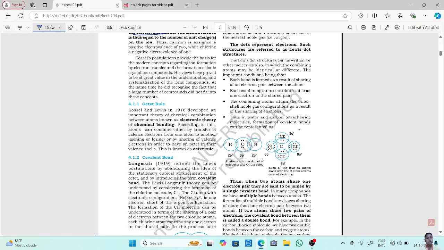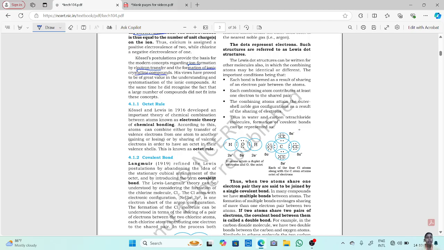Now, Kössel's postulations provide the basis for the modern concepts regarding ion formation by electron transfer and formation of ionic crystalline compounds by electrostatic attraction.